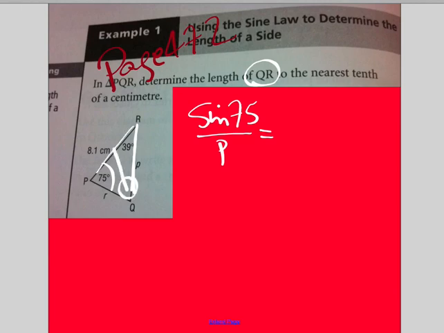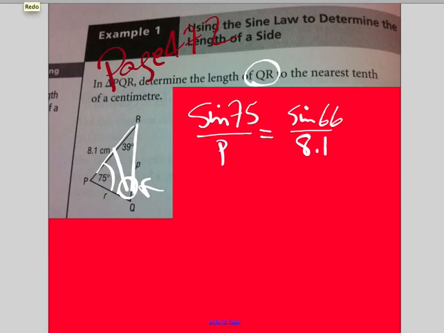Well, I don't know that angle, but I do know that it's going to be sine of whatever this angle is. Well, I'm just going to take 180, subtract 75, subtract 39, and that gives me 114. 180 subtract 114 would be, nope, 66. So sine of 66.